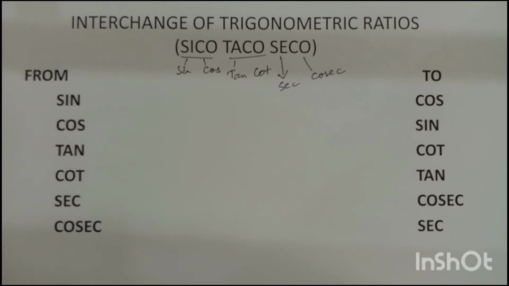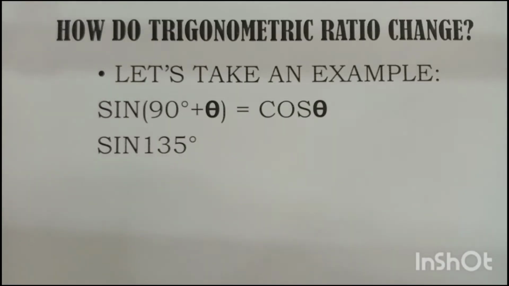I hope you understood this trick. Now you can easily remember how the ratio changes. Now let's see how these ratios work. So here we have sine 90 degree plus theta means cos theta.